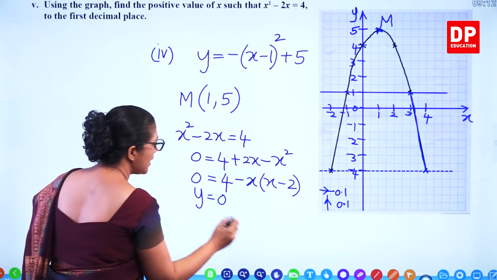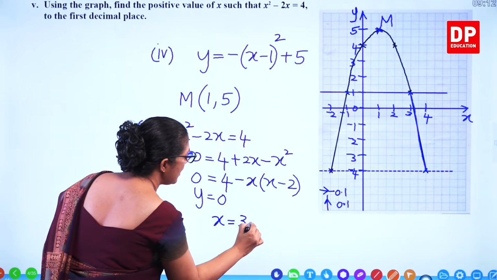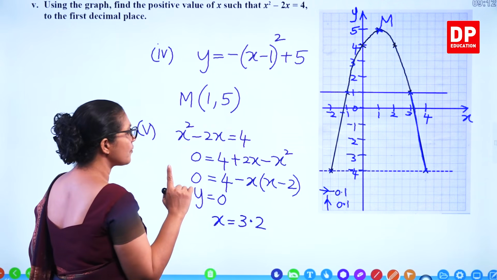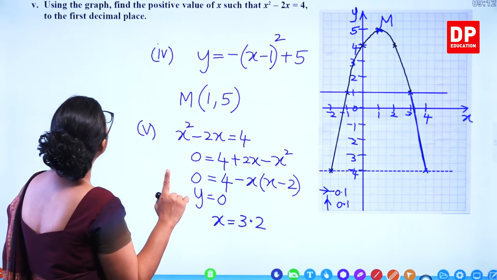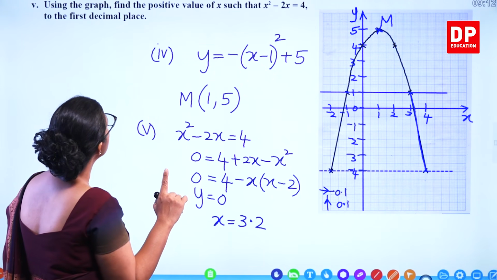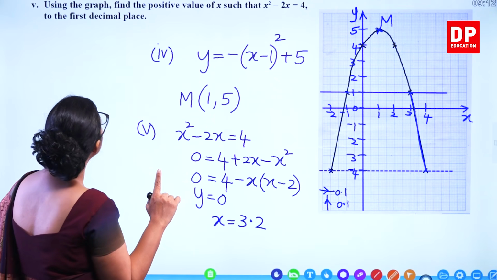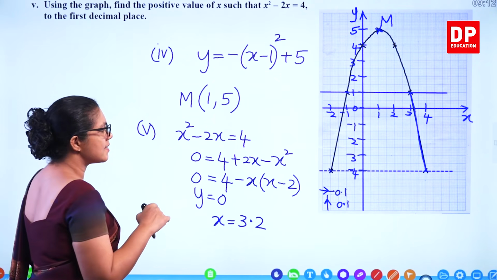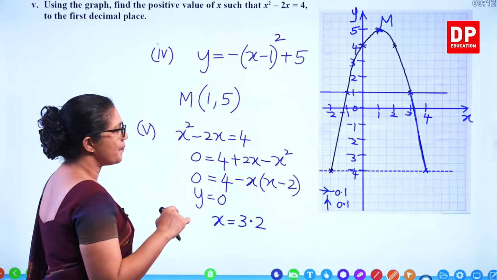You can take 3.2. So x equals 3.2. We are selecting only the positive value. So this is the answer when this becomes 0.